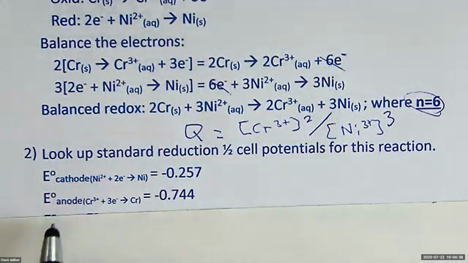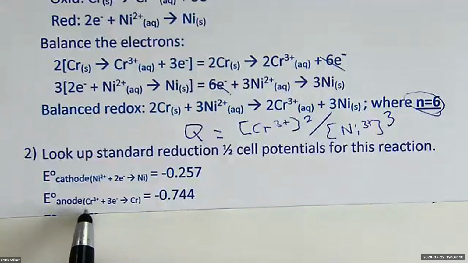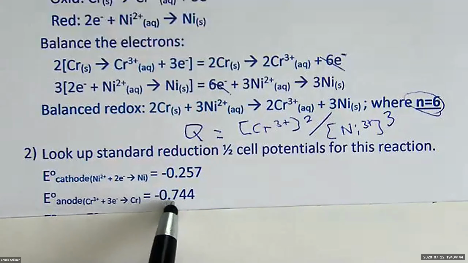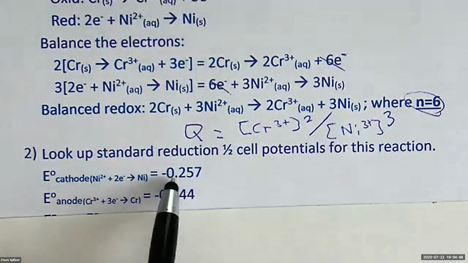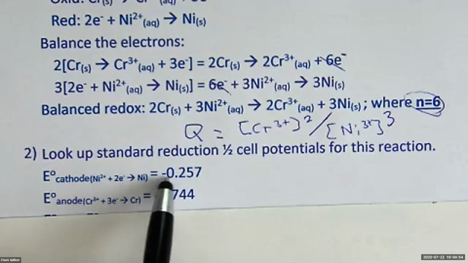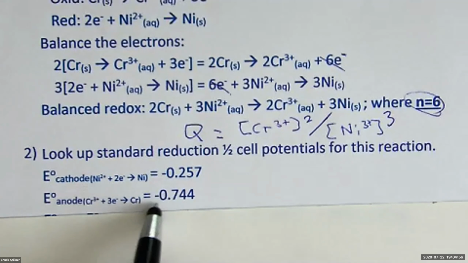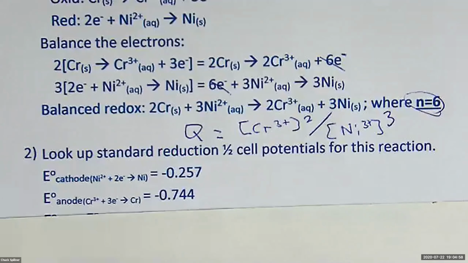That's going on at the cathode. And the anode, the chromium half cell, is minus 0.744. Again, the half cell reduction potentials agree with where they occur. The higher half cell reduction potential is at the cathode and the lower is at the anode.